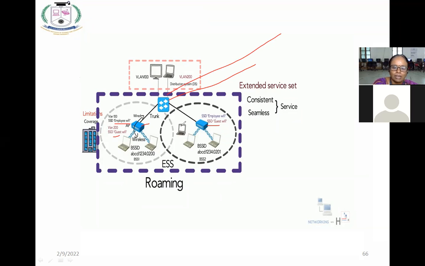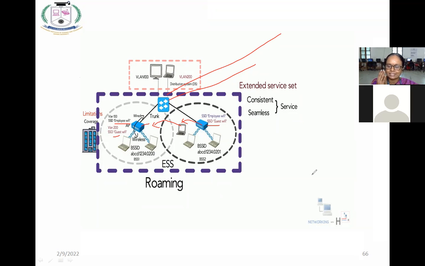If my system is in this particular range, this AP will connect. When I am in this range, automatically this will connect. So we say extended service. When I am moving from one area to another, I have a distributed service. That is one of the advantages of wireless LAN.